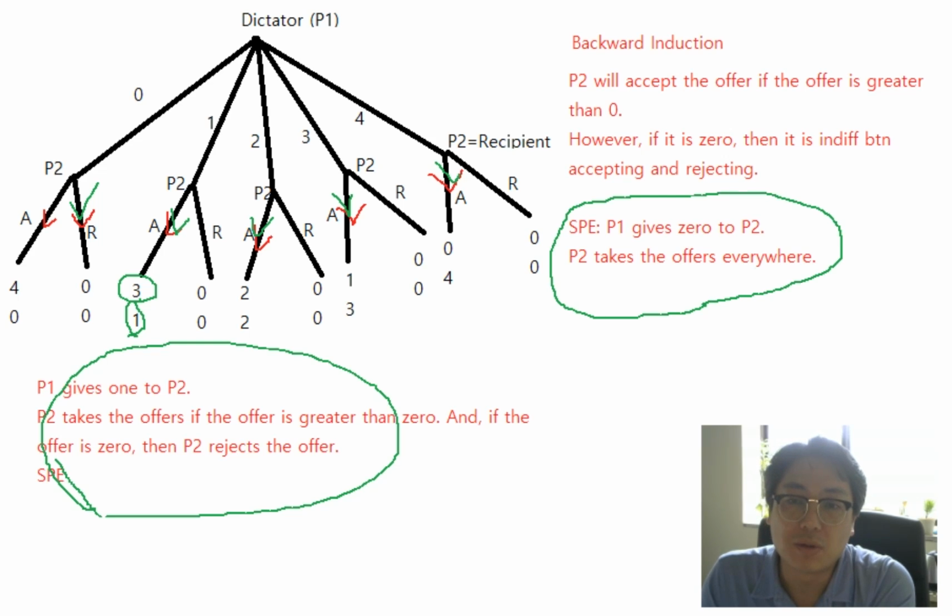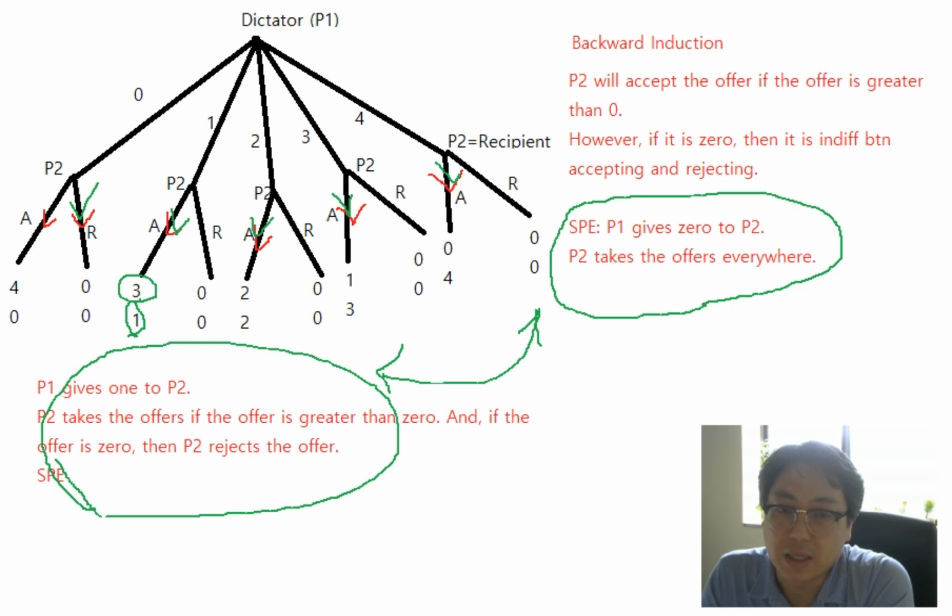Player 1 gives 0, and player 2 takes that offer at every node. The other equilibrium is that player 1 gives 1 to player 2, and player 2 takes it everywhere. It is positive, but player 2 is rejecting once 0 is given to player 2.